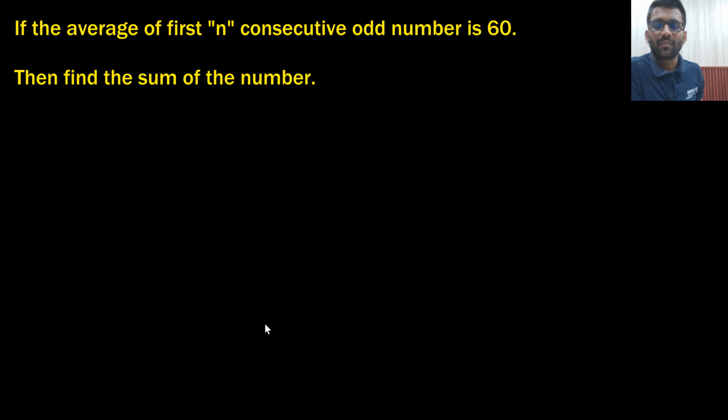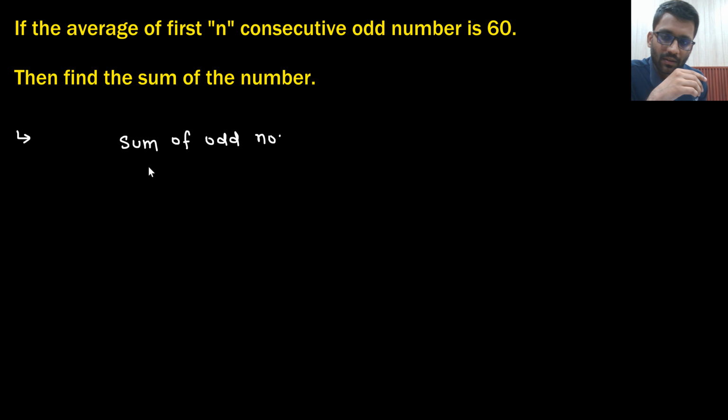If the average of first n consecutive odd numbers is 60, then find the sum. Okay, it is very easy actually. The average of first n consecutive odd numbers is 60. That means the sum of odd numbers divided by the number of odd numbers is equal to 60.